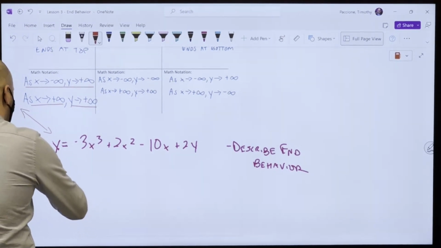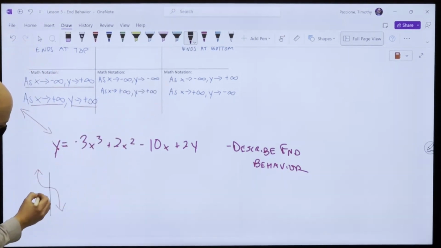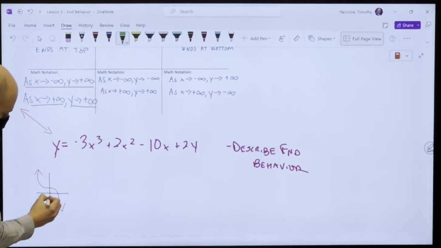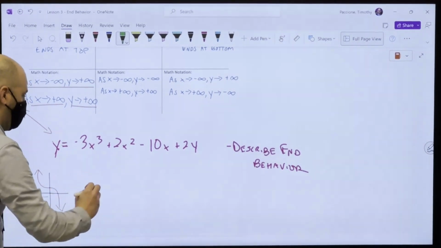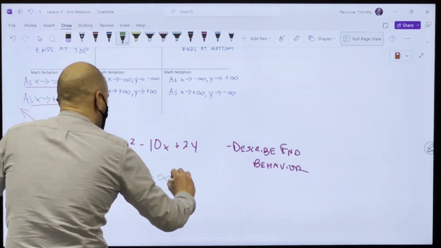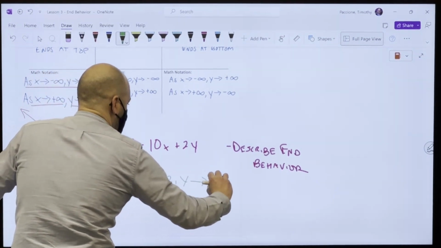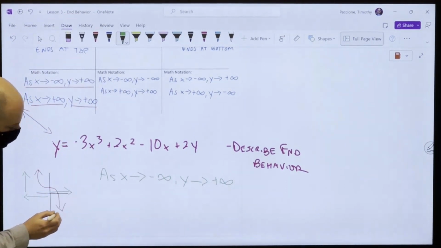Here's what it's going to look like. And I can even add a little to help me. Now I can see where my middle is. As x goes to negative infinity, y goes to positive infinity.